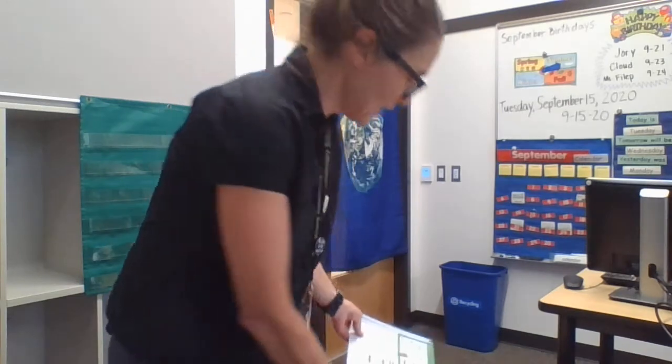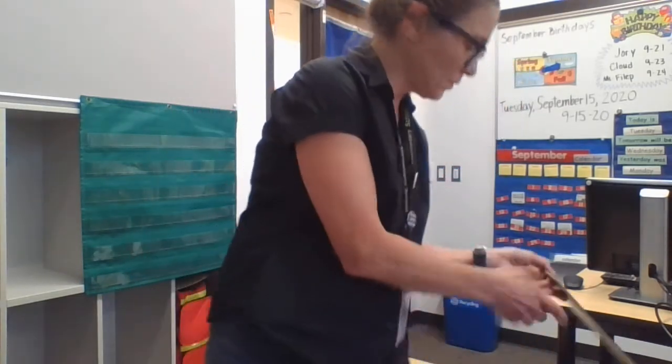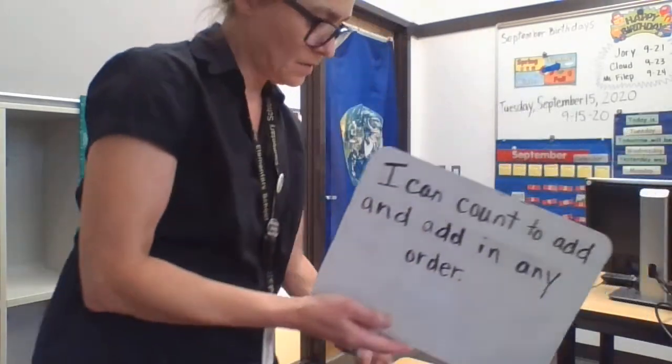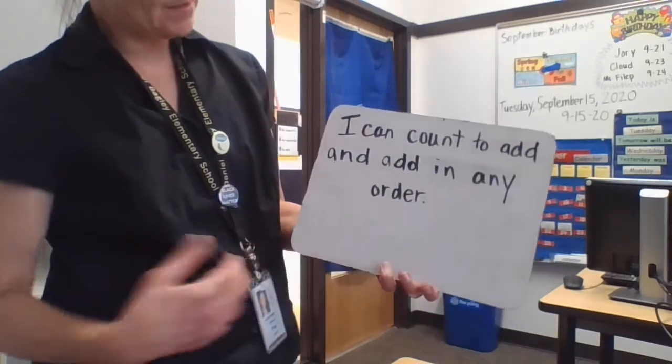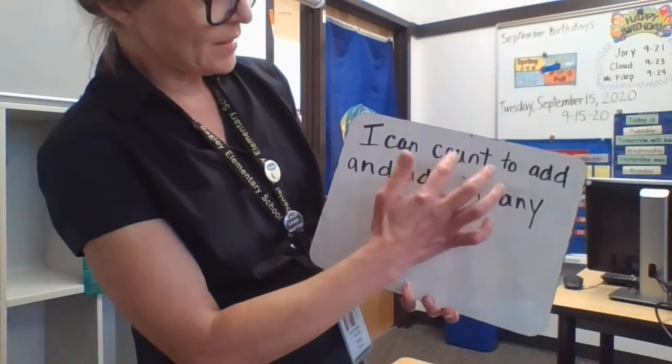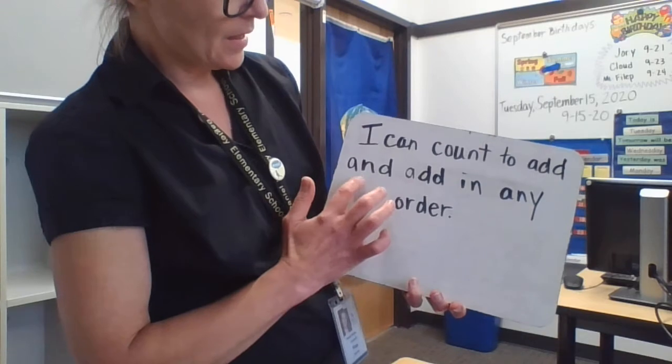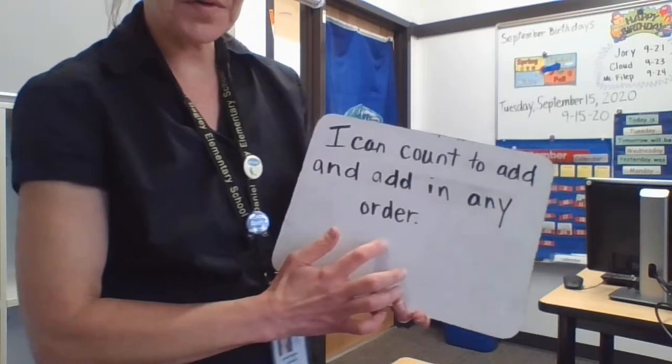And we are going to start at the top, and you could follow me along in the visual learning bridge on page 6. And I am going to read the I can statement. And the I can statement, and you can read it with me. I can count to add and add in any order.